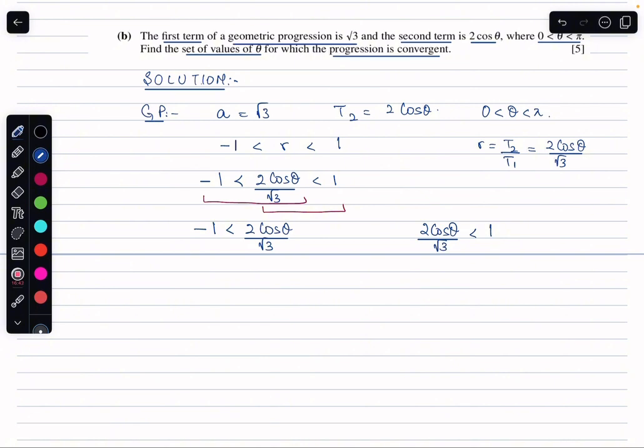Here this becomes negative under root 3 less than 2 cos theta, or negative under root 3 over 2 is less than cos theta.